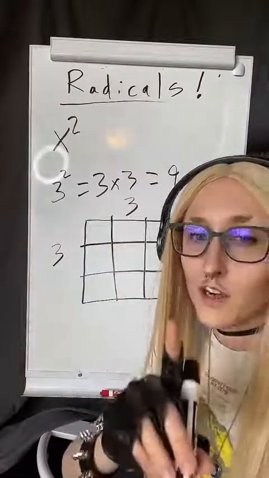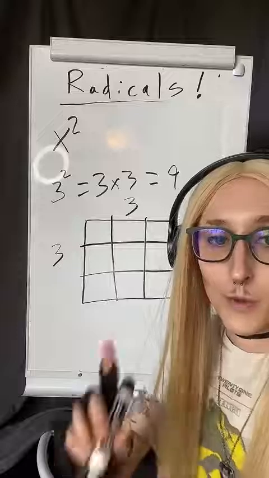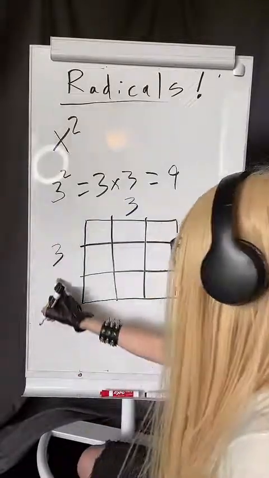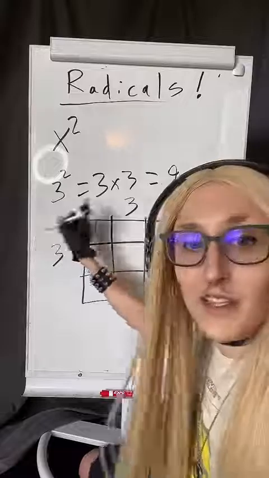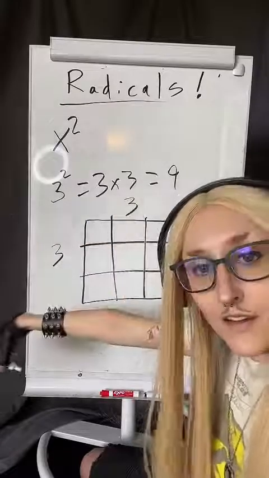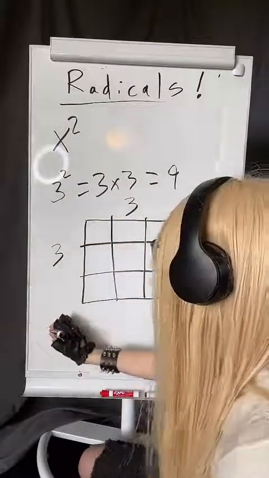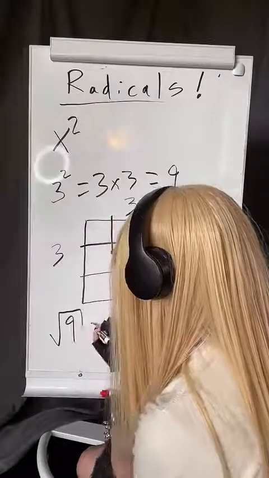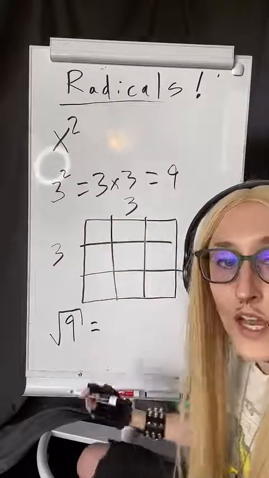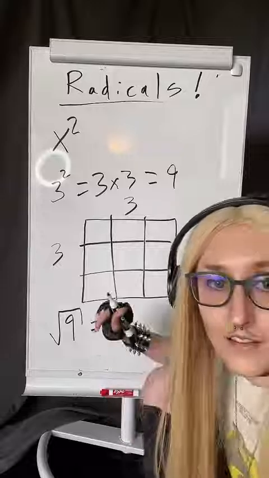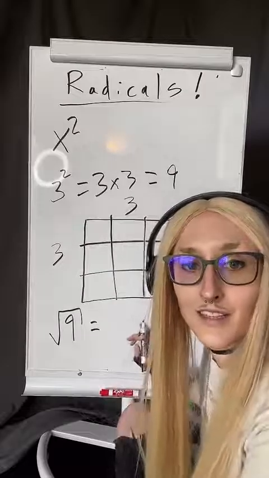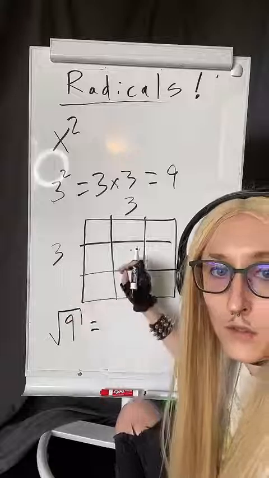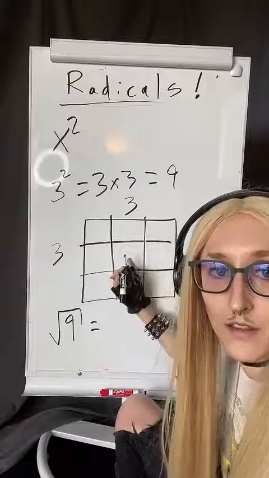So where does this bring our square roots? Our square roots come in by saying it's the opposite. It's the undoing of it. So if I were to say the square root of 9, what I'm really saying there is what number would make the square?